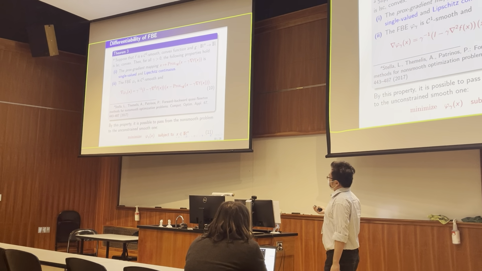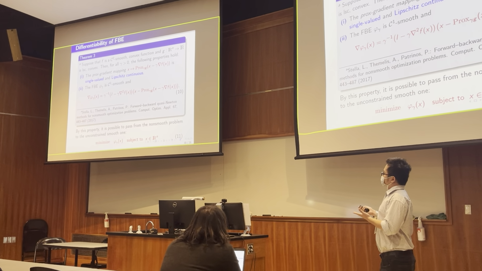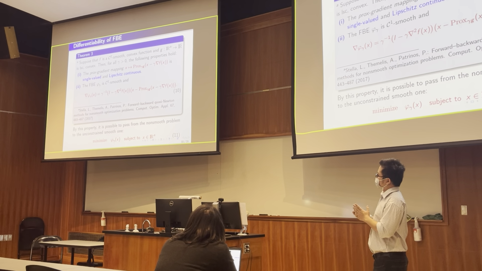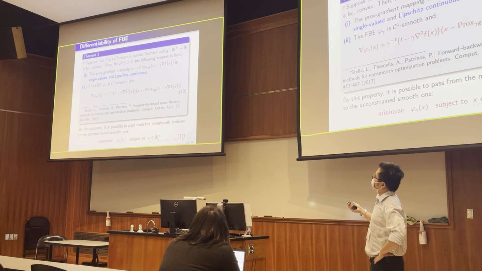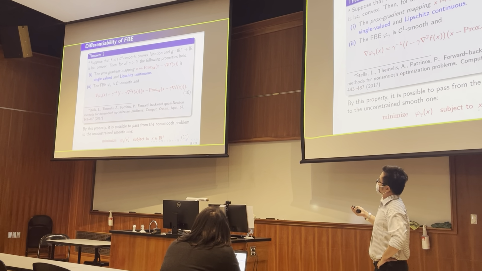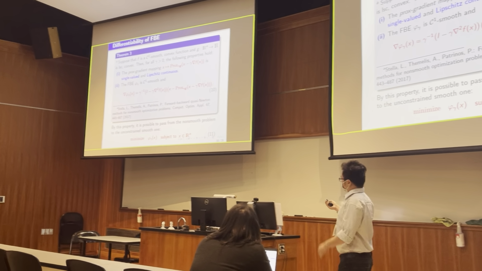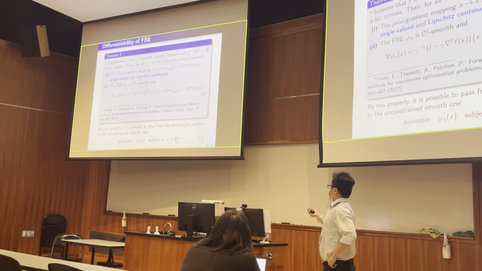You can see that by this property we can pass from the nonsmooth problem to an unconstrained smooth one. Instead of minimizing the function phi equal to f plus g, we can solve the problem (11).